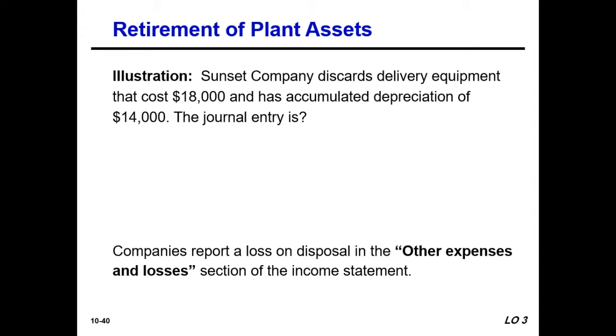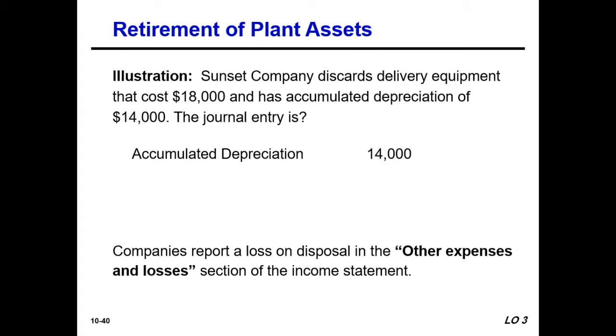If you have this understanding, then solving these questions is easy. What is the accumulated depreciation account? Normally it is a credit account, right? The credit balance is 14,000, but now we are going to close it. In order to close, accumulated depreciation will always be debited for that amount.